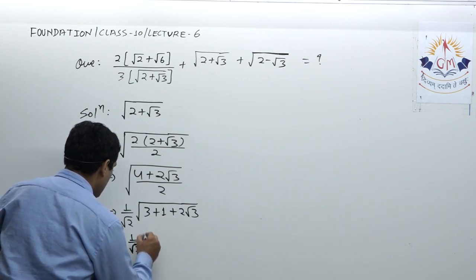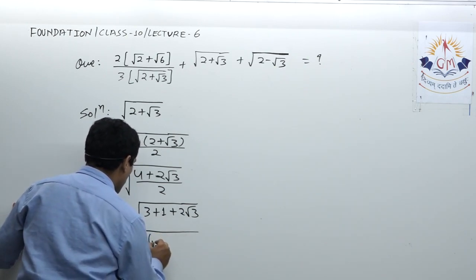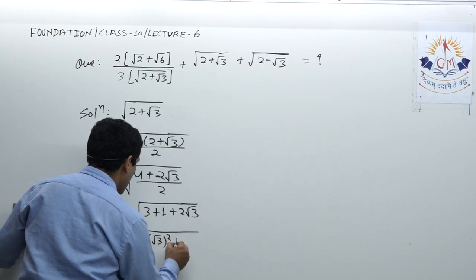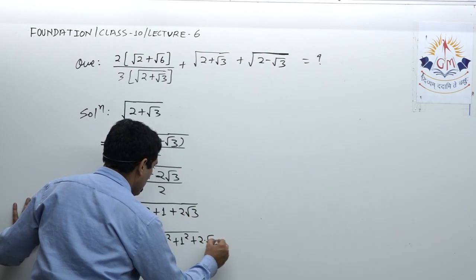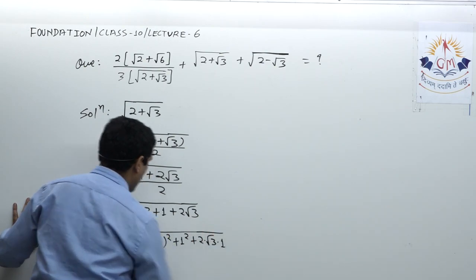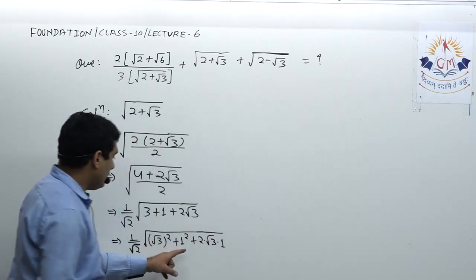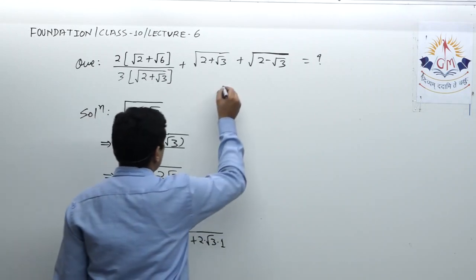Now over here this is root 3 square plus 1 square plus 2 into root 3 into 1. So this gives me root 3 plus 1 whole square.